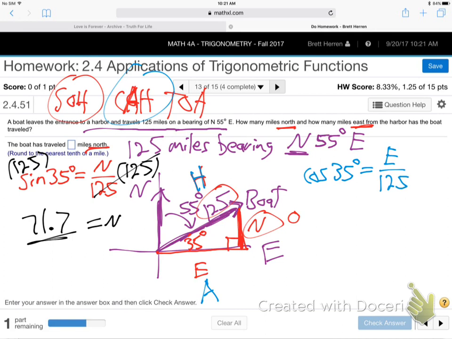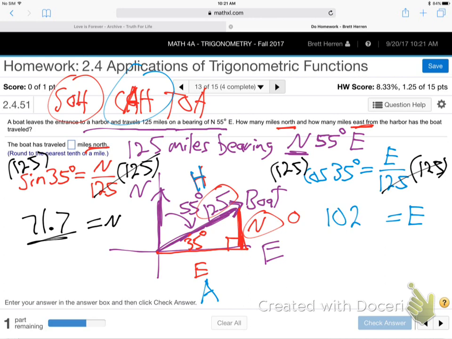Adjacent over hypotenuse, cosine. And then solve that one. Same thing, multiply by 125, the denominator, and get east equals 125 times cos of 35.